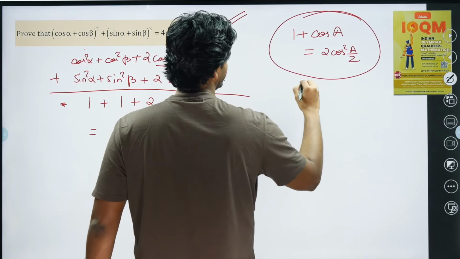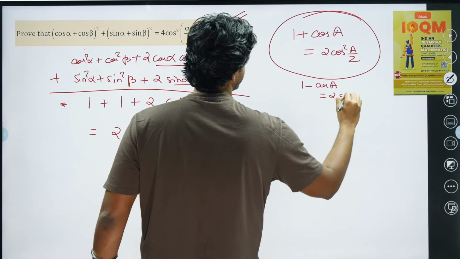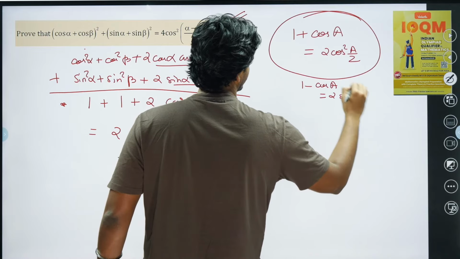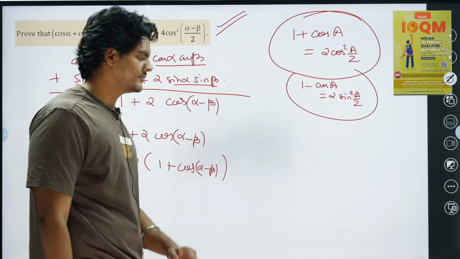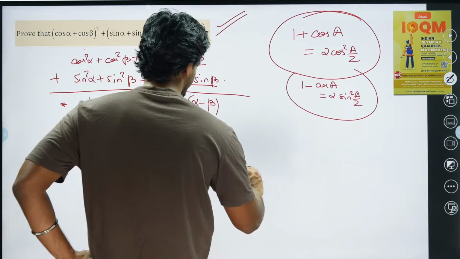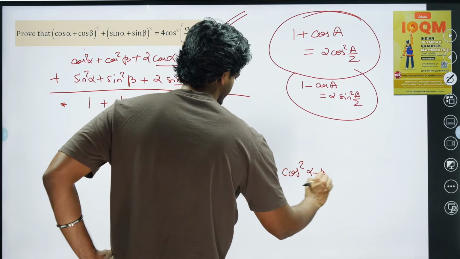This is an identity which I did in the class. 1 minus cos A is equal to 2 sine square A by 2. I did this in the class as well. Yeah, I hope no one has forgotten that. So this is 4 cos square alpha minus beta by 2.